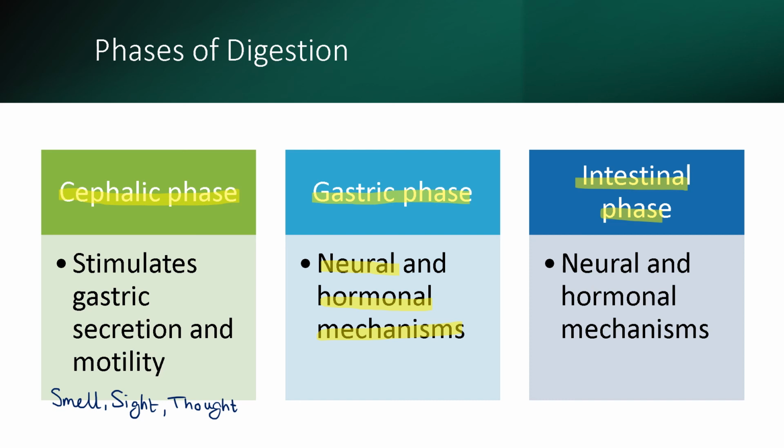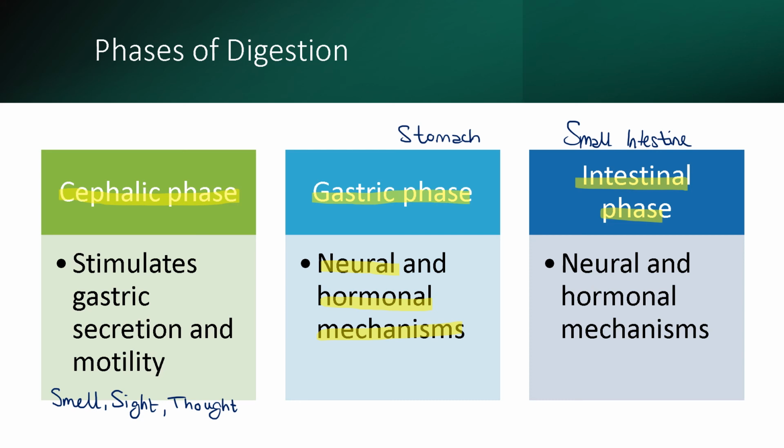Then the intestinal phase of digestion begins once food enters the small intestine. So this is when it reaches the stomach in the gastric phase. And then the intestinal phase is once it's reached the small intestine.